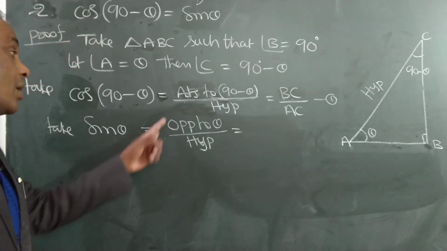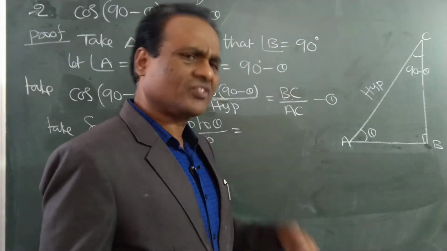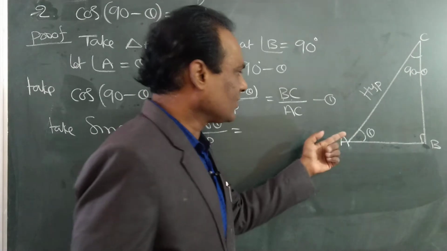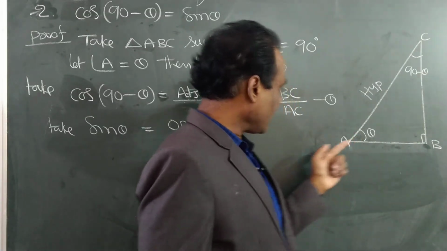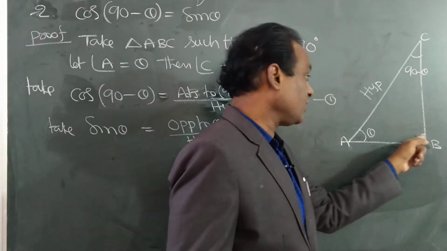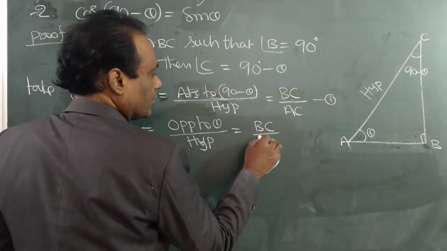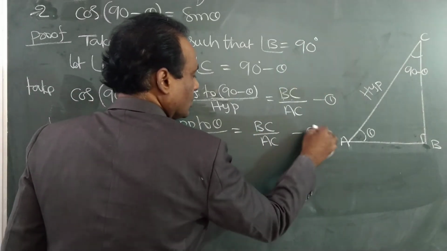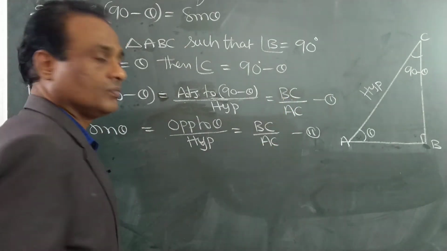For this angle we generally don't have confusion because most problems use it. Its opposite is BC, hypotenuse is AC. So BC by AC.